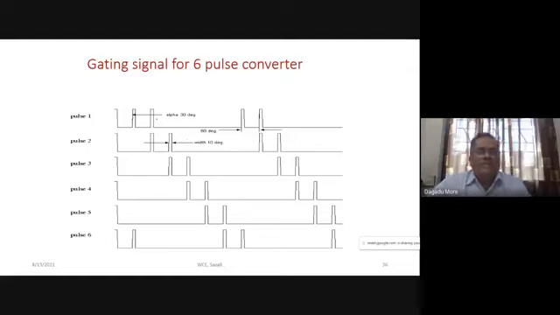In discontinuous conduction, 1 and 6 are conducting. So conduction will start here at 1 and 6, and both should be turned on. After that, both will be off because of discontinuous conduction. And again, we have to turn on 1 and 2, so we have to give the pulse to this. Again, 1 and 2 both will be off in case of discontinuous conduction.